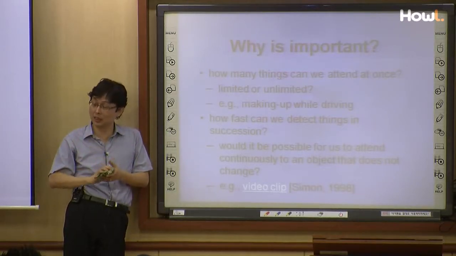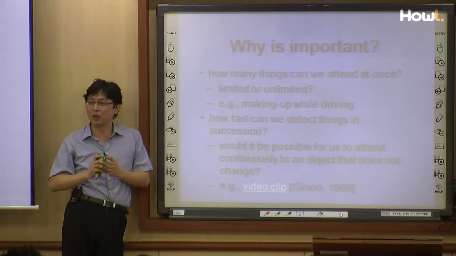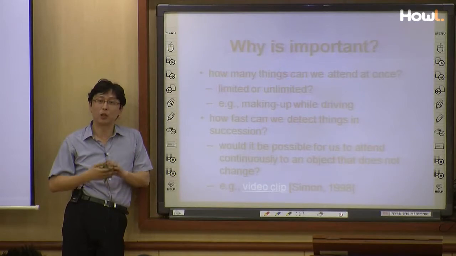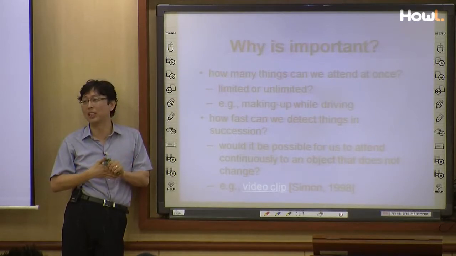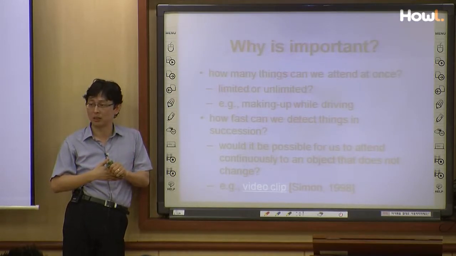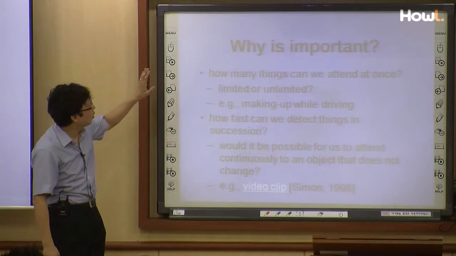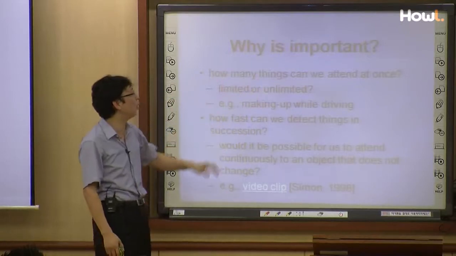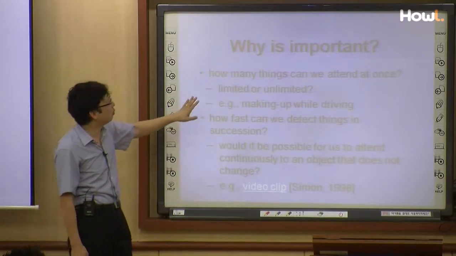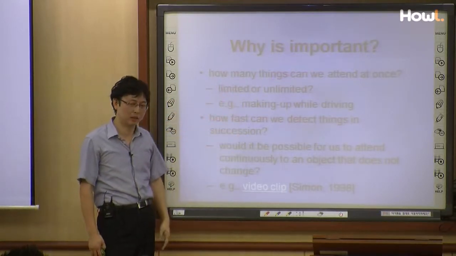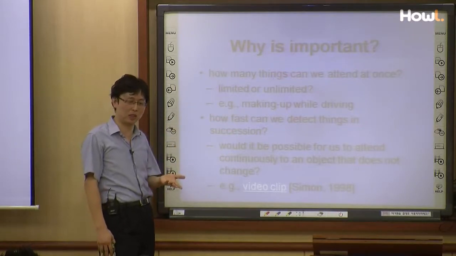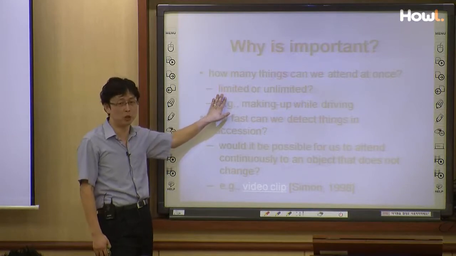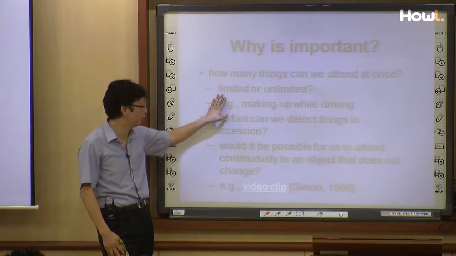The problem is people might not recognize it, because we have a limited number of attention resources. We can't pay attention to many things at one time. So limited or unlimited? Many experimental research outcomes say we have very limited attention resources.